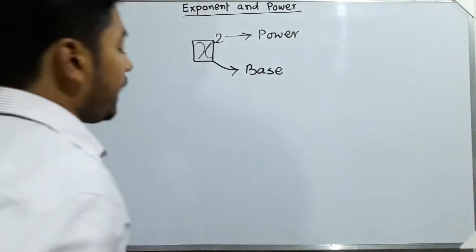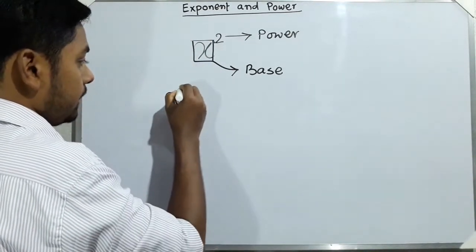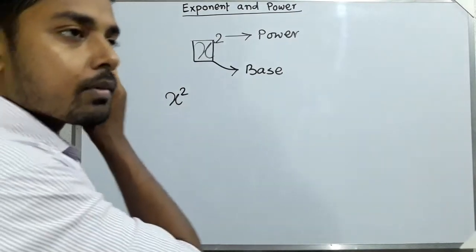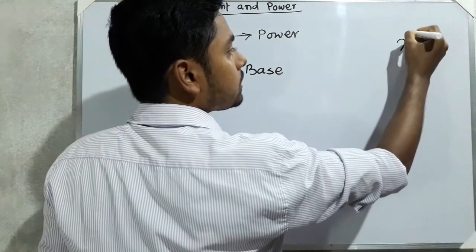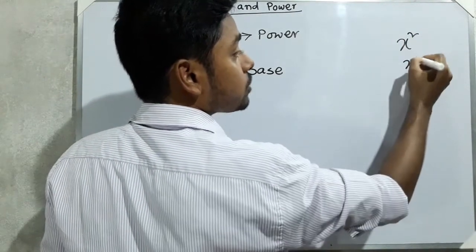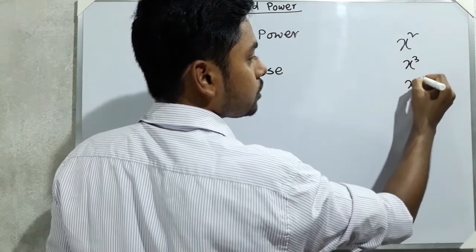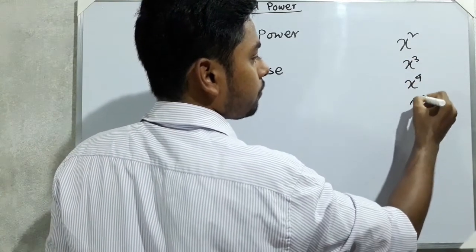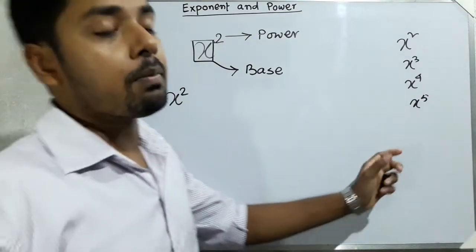Now, what is the value of x to the power 2? Now listen, I already told you this is called x square: x to the power 2, x to the power 3, x to the power 4, x to the power 5. Now how to write this type of number?